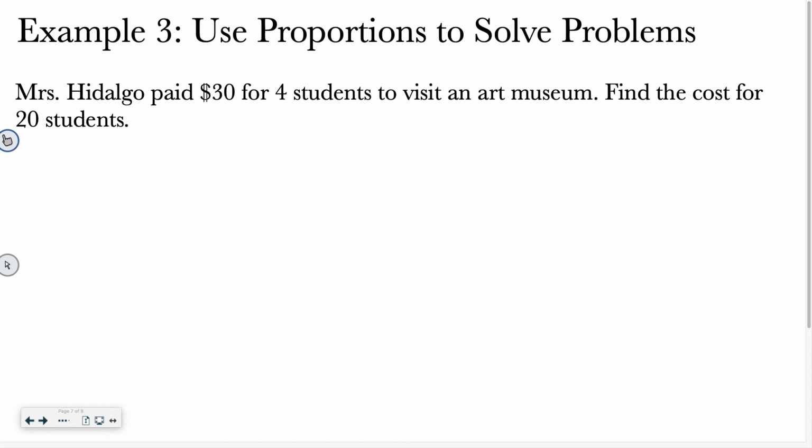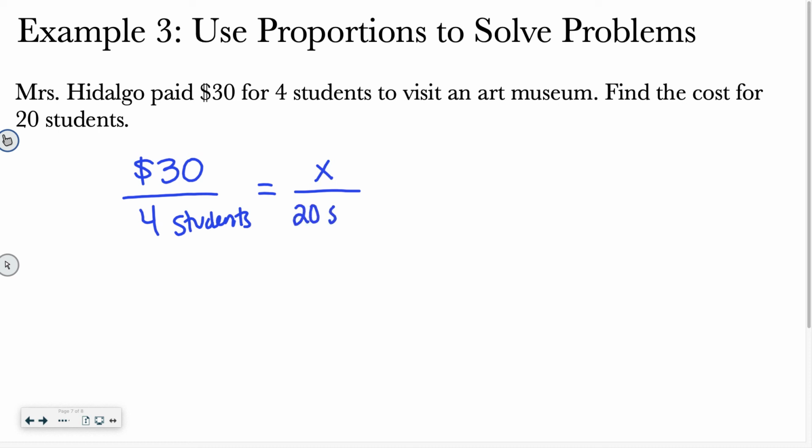All right, example 3 is our last example for today. Mrs. Hidalgo paid $30 for 4 students to visit an art museum. Find the cost for 20 students. So we have $30 for 4 students. And I'm going to set it up just like I did before. And then I want to find the cost for 20 students.